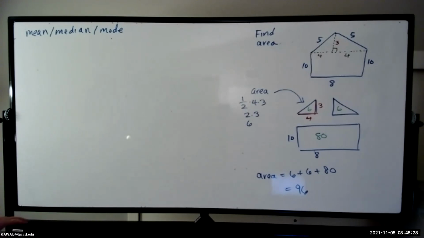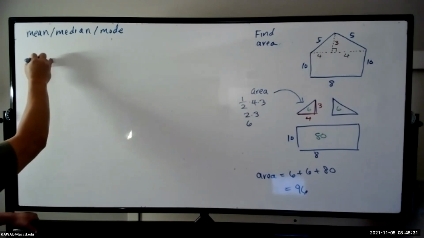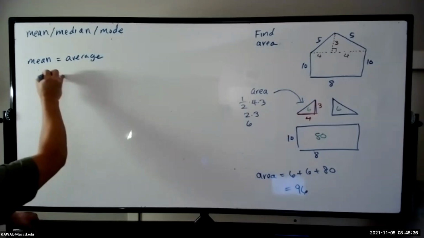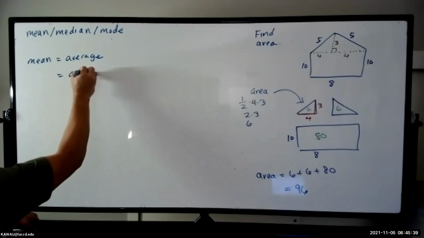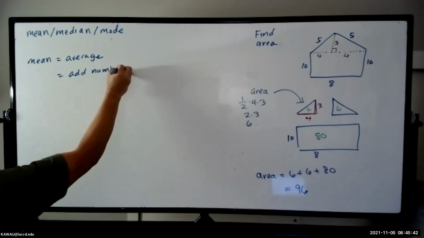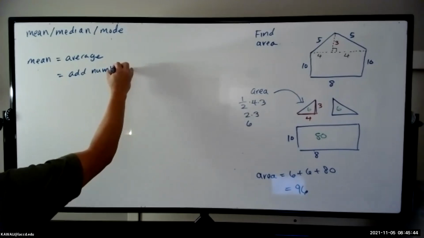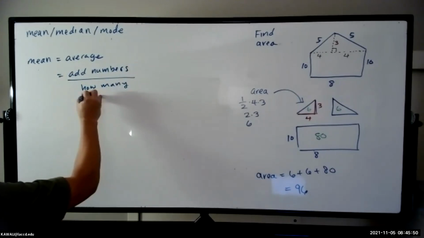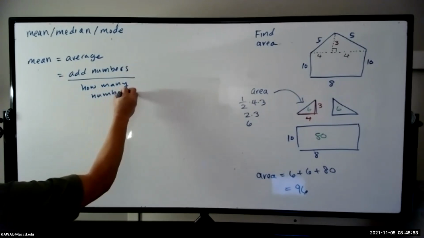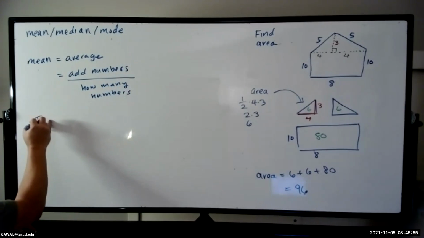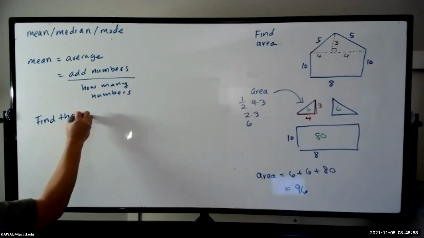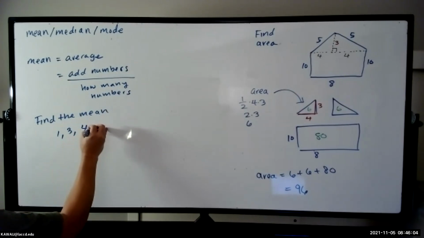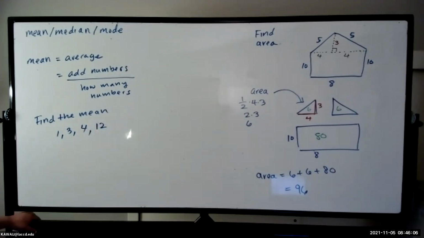Now, mean is the same thing as average. So what you want to do is add all the numbers and divide by how many numbers. So let's say I give you, find the mean of 1, 3, 4, 12. Okay.